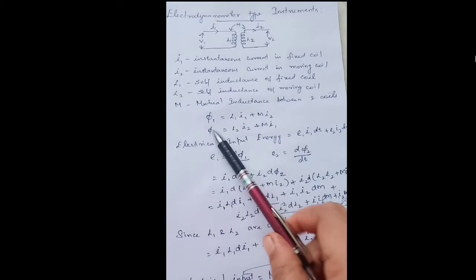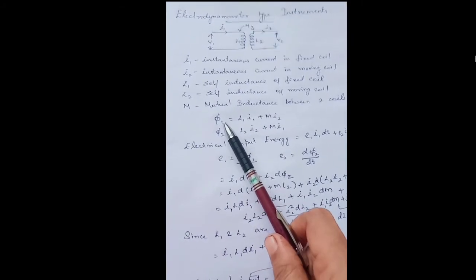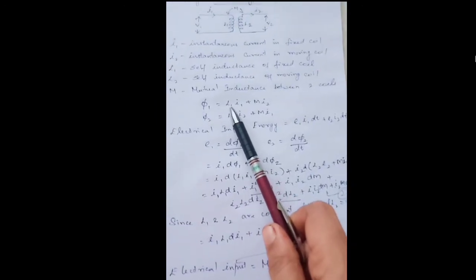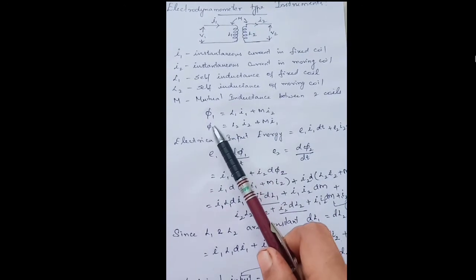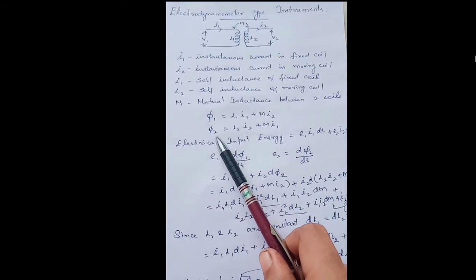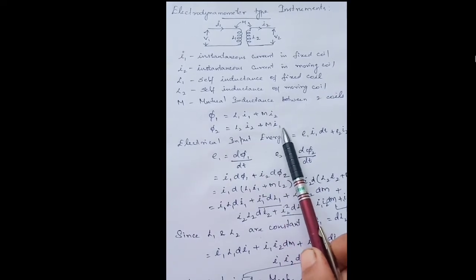Here phi 1 represents the flux linking with coil 1. That can be represented by means of Faraday's law using this equation, L1 I1 plus M into I2, whereas phi 2 is the flux linking with the moving coil, and it is represented by L2 I2 plus M into I1.